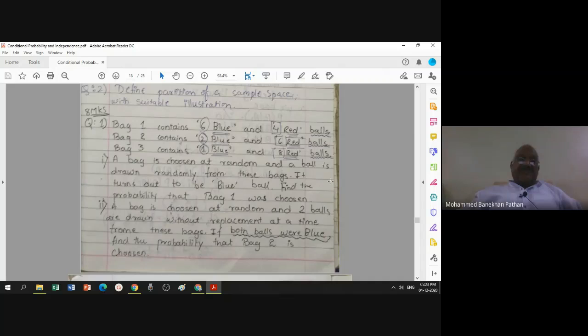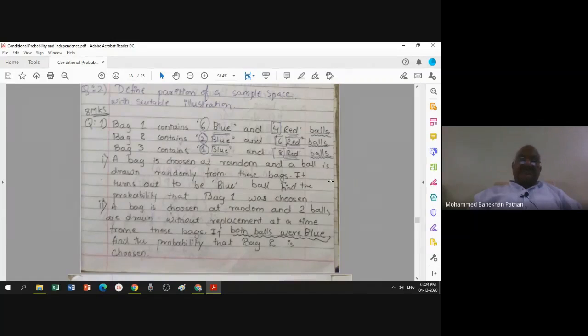In an examination, you can identify the application of Bayes theorem as performing the experiment in two stages.